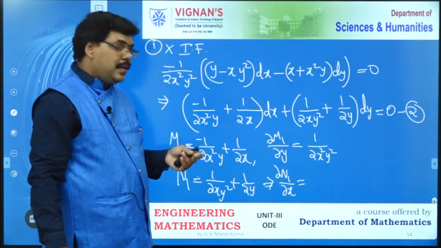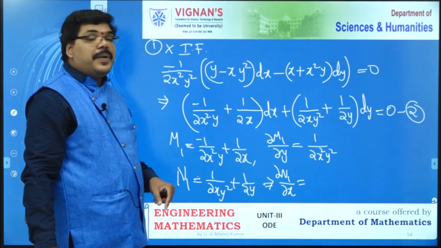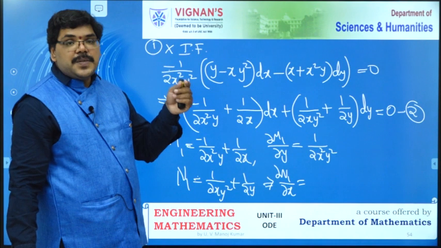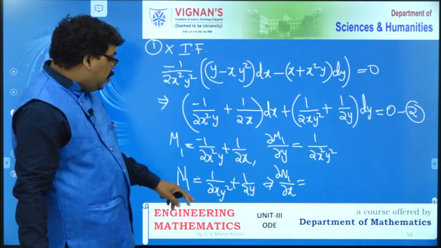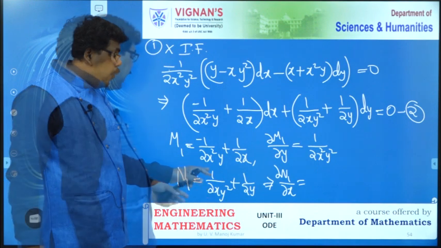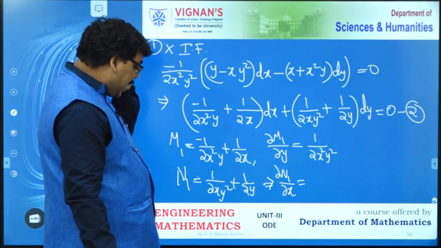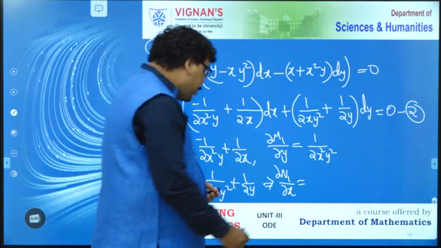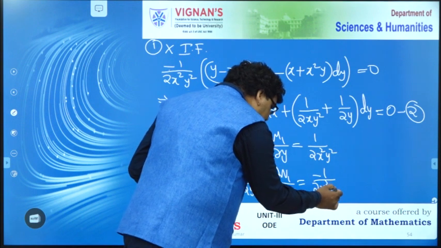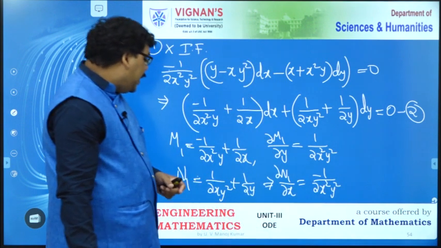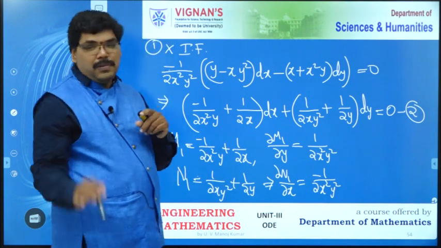Already we have used M and N. So M1, N1, new symbols. So what is ∂N1/∂x? I am differentiating with respect to x. So y terms are constant. So here N1 with x, I am differentiating. 1 by x derivative is minus 1 by x square. So I will get minus 1 by 2x square y square, and 1 by 2y is constant, constant derivative is 0.